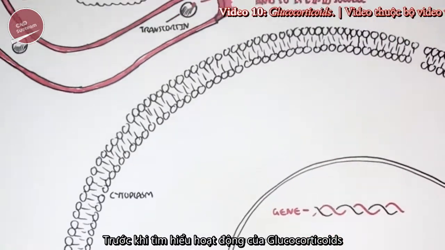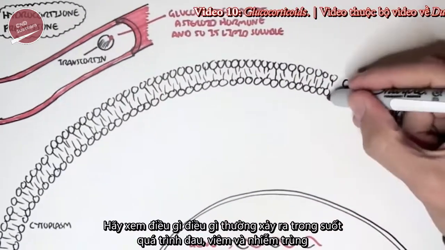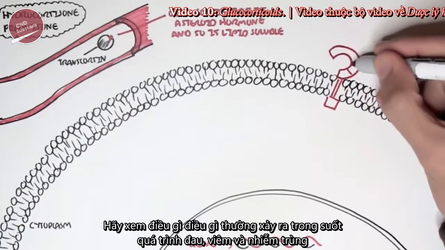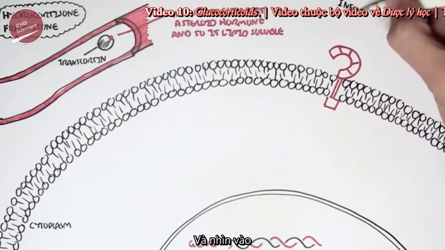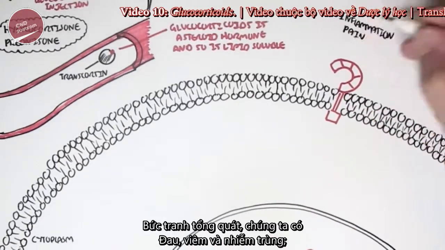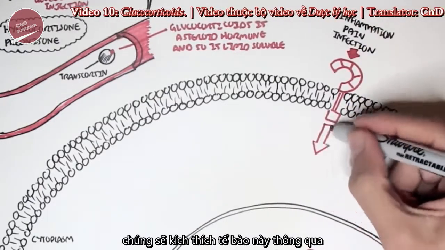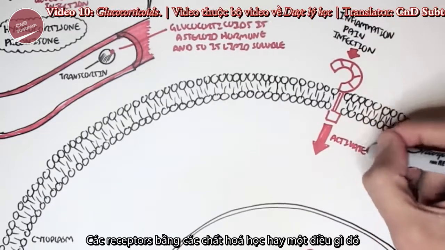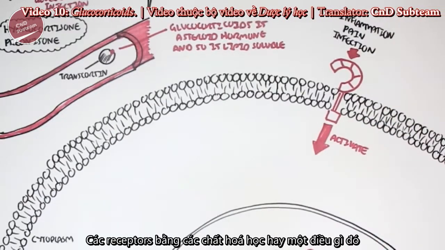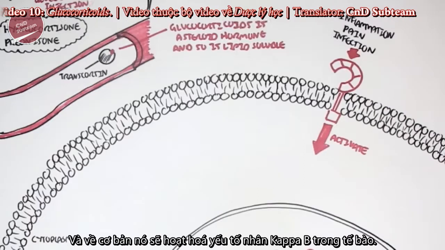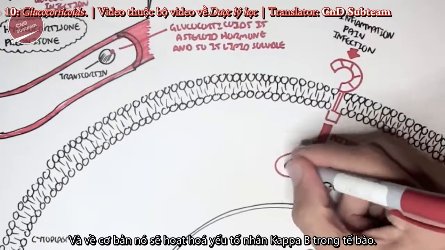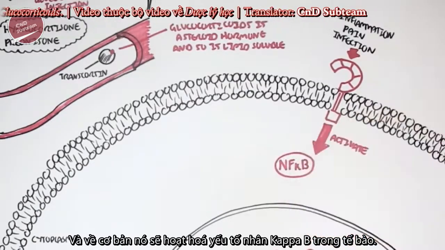Before we see what glucocorticoids do, let's see what normally happens during inflammation, pain, and infection, and look at this in an overall picture. When we have pain, inflammation, or infection, this will stimulate the cell through receptors by chemicals or something. Essentially, this will activate nuclear factor kappa B within the cell.